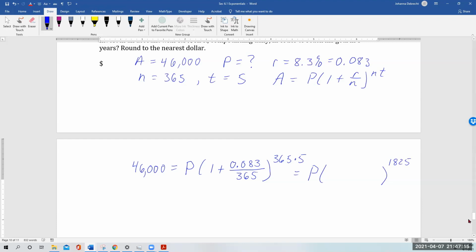Now I'm going to figure out what that number is. I'm going to take my 0.083 divided by 365, and that will give me a very small decimal of 0.000227397. Now add 1 to that number so that you have about 1.000227397. Again, I'm not rounding off until I get to the very end.